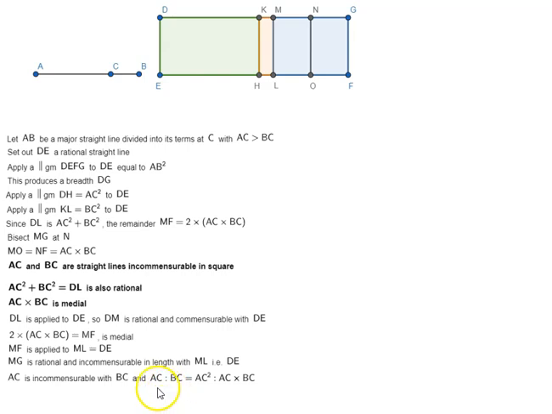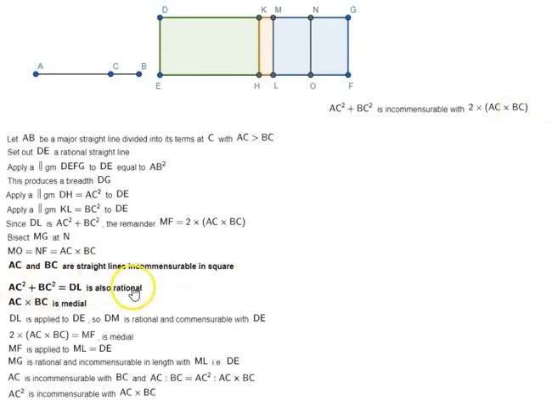And we know the proportion AC is to BC is equal to AC square is to AC by BC, which means AC square is incommensurable with AC by BC. Now AC square plus BC square is incommensurable with 2 times AC by BC.